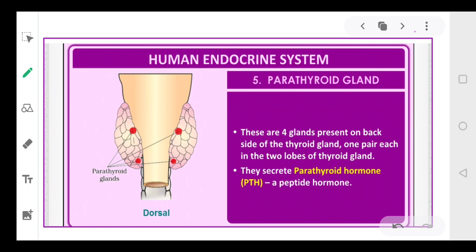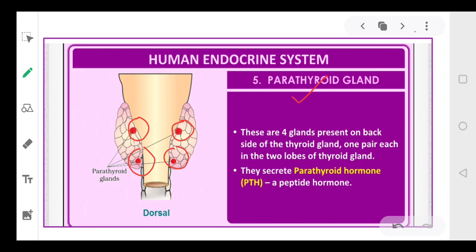There is another gland which is present in close proximity to the thyroid gland, and that gland is called the parathyroid gland. As you can see in the picture, there are 4 lobes of this gland, 2 on the left and 2 on the right side of your thyroid gland.